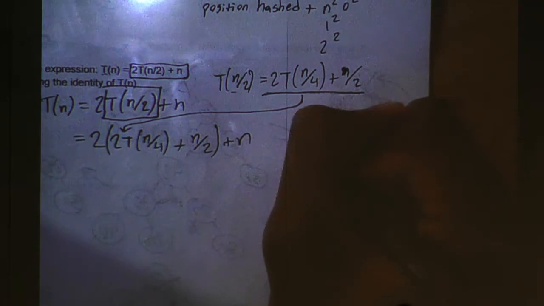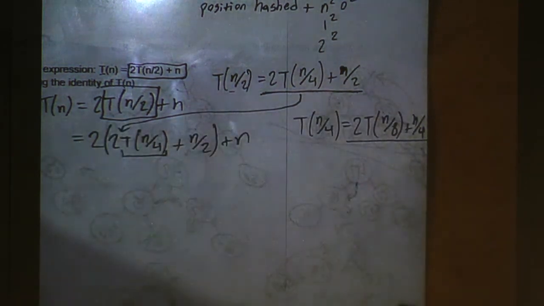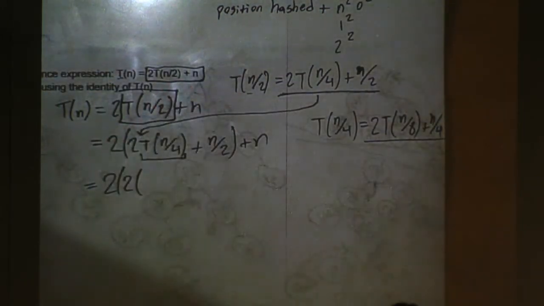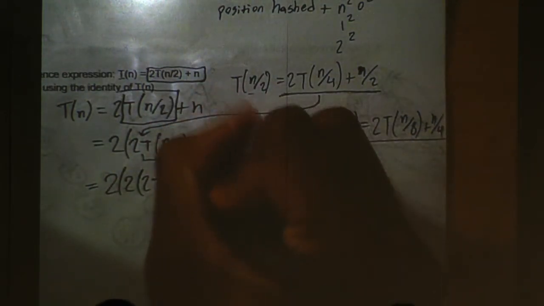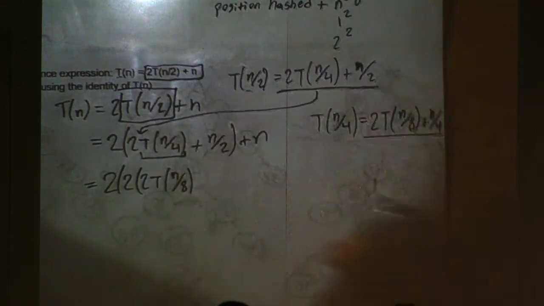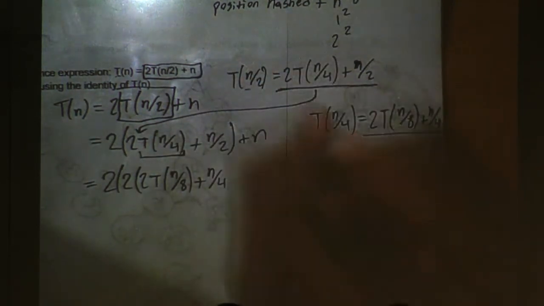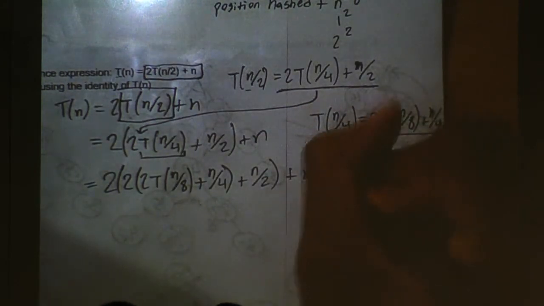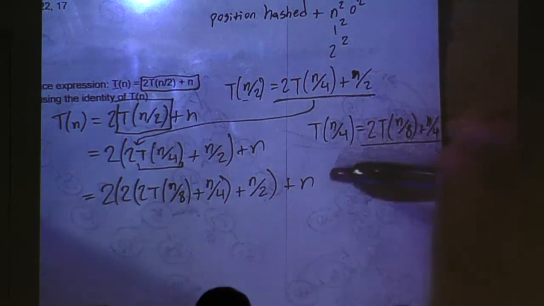So you're going to take this equation here and substitute it in for the T of n over 4 that you have. 2, 2, T over 8 plus n over 4 plus n over 2 plus n. Right? So does that part make sense?